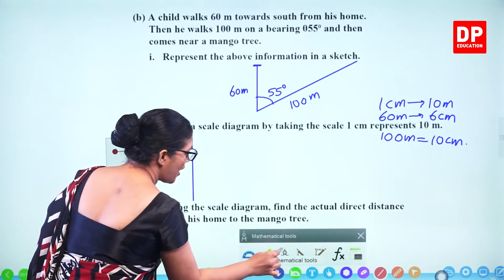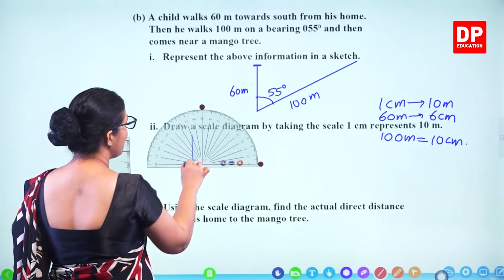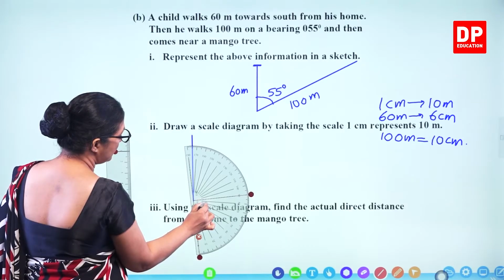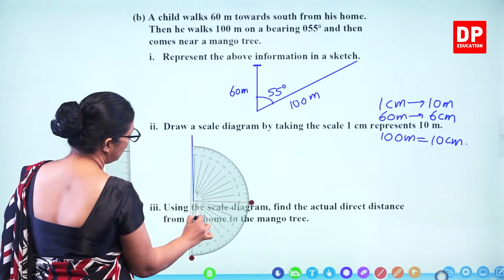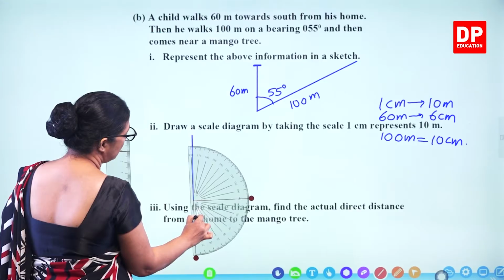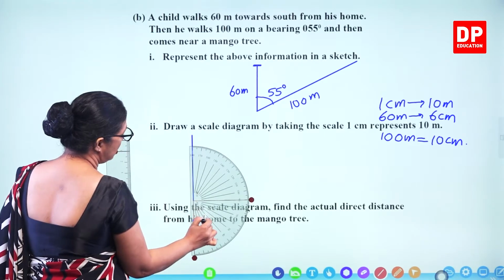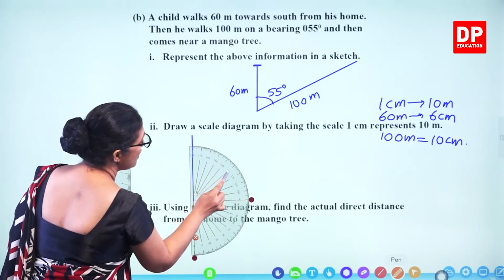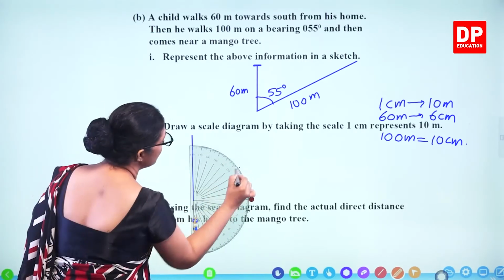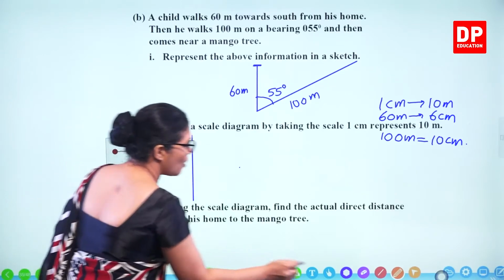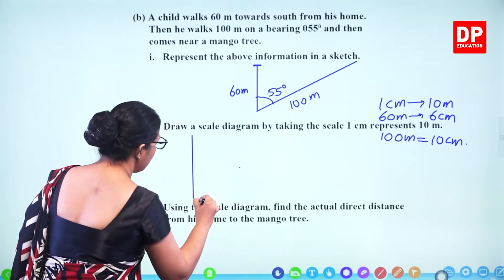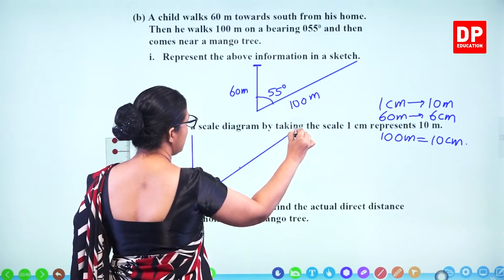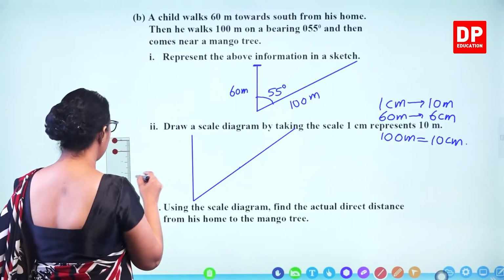So, you need the protractor to measure 55. You keep it here. 10, 20, 30, 40, 50, 55 is here. Now, we can draw the line. And we need 10 centimeters from here.